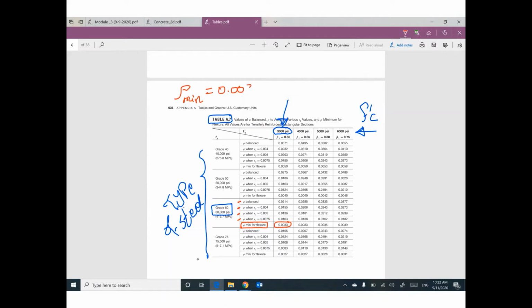Your rho from the table based on M ultimate divide phi BD square equal 0.0038. I think you are higher. You are good.